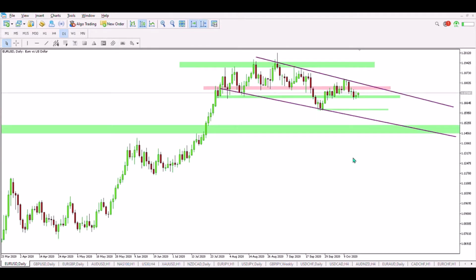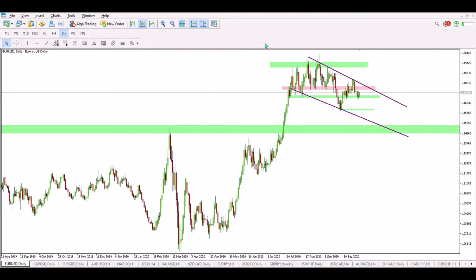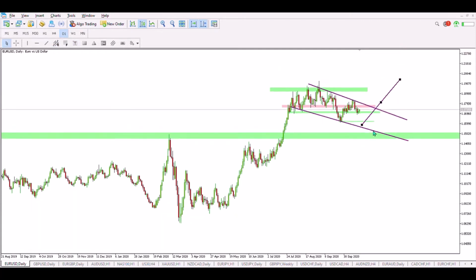Also, what I have seen so far is the start of this flag forming pattern, which is a consolidation pattern, but also a continuation pattern if we break above it. So if we break this resistance, we can easily move to this previous resistance zone area or even higher.